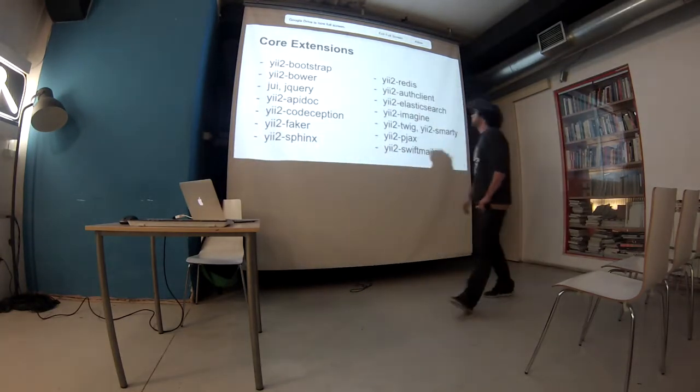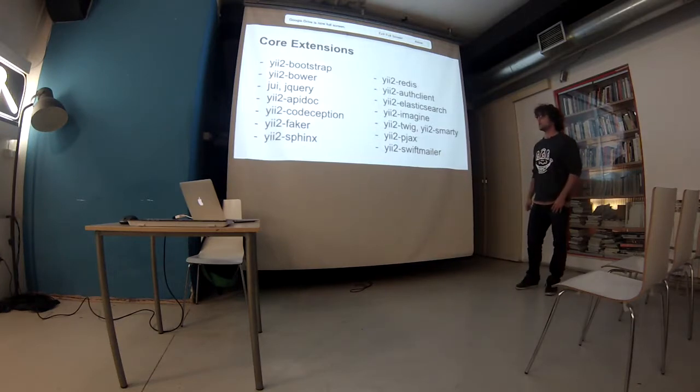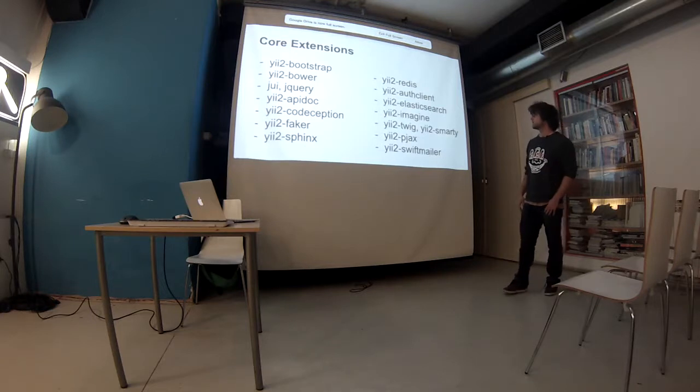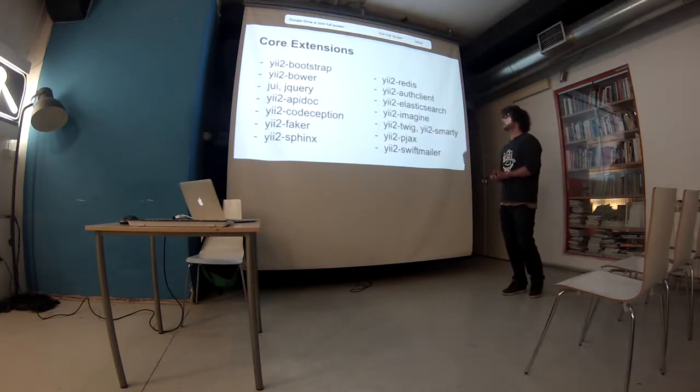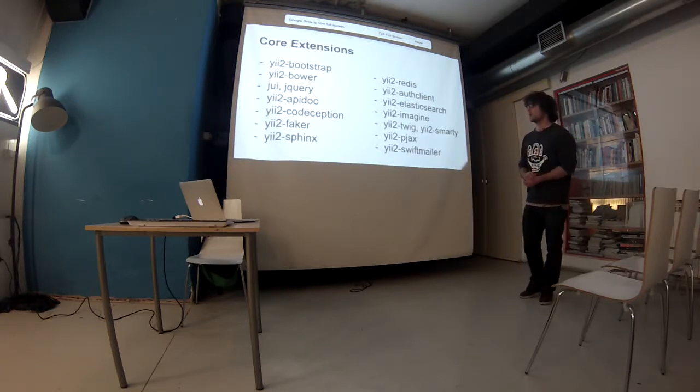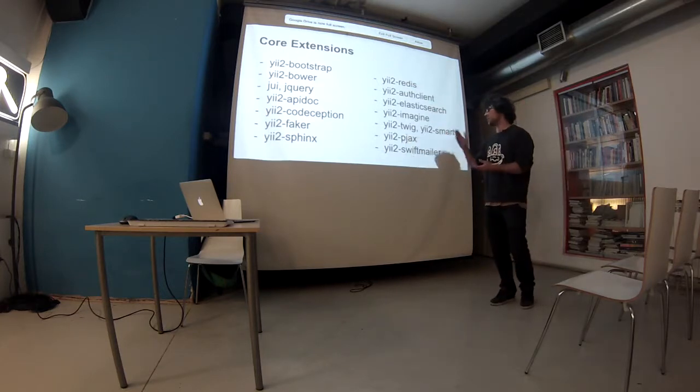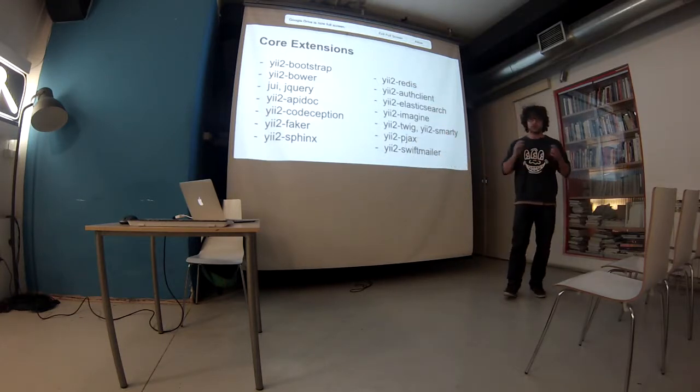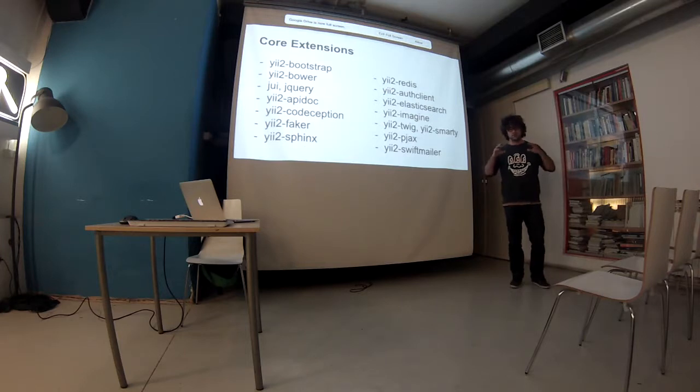Core extensions, and there are a bunch of them now, so I just put a few of them here. I really like that it comes with the Redis extension, Elasticsearch, Codeception, Faker, and Sphinx. And it's great to imagine that you have the support of the framework no matter what your project looks like.